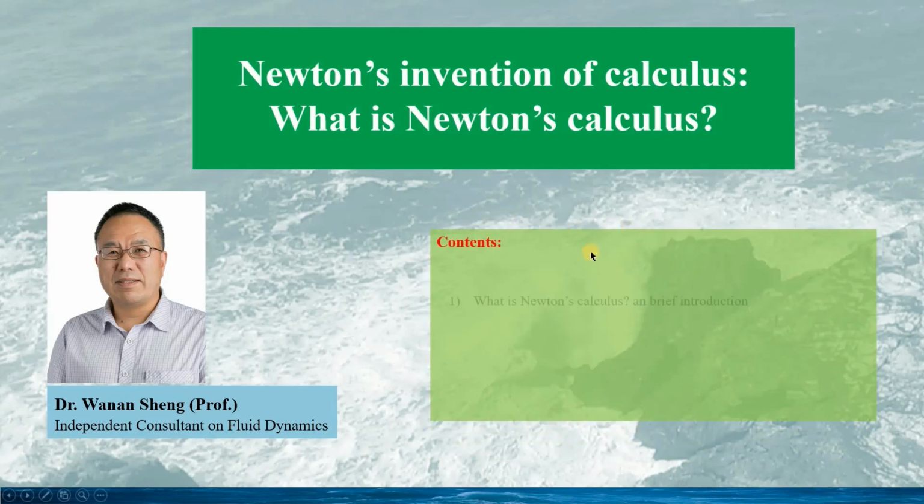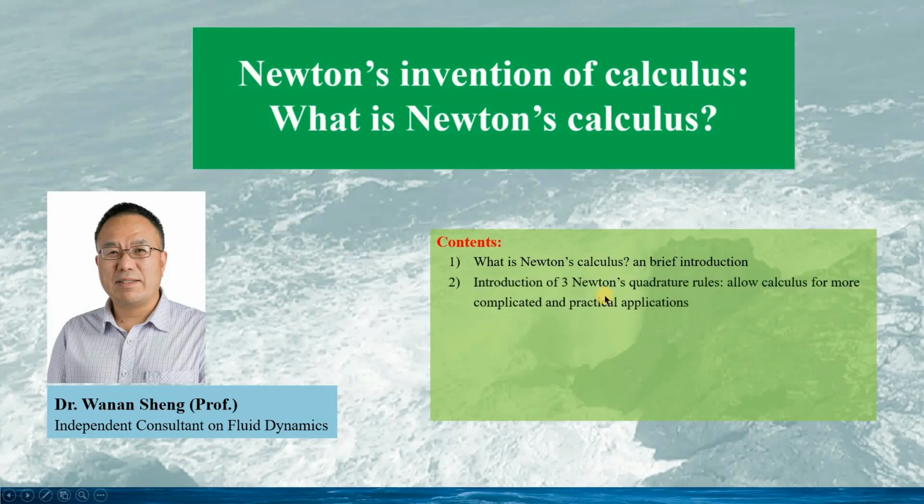In this talk, I will introduce what Newton's calculus is. A brief introduction will be made on this. And then I will introduce 3 Newton's quadrature rules, which allow calculus for more complicated and practical applications.